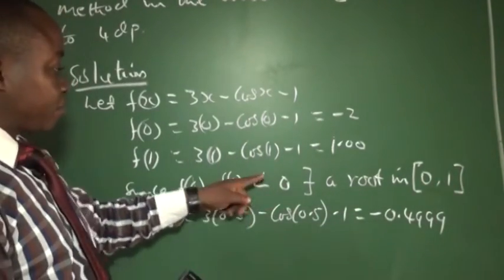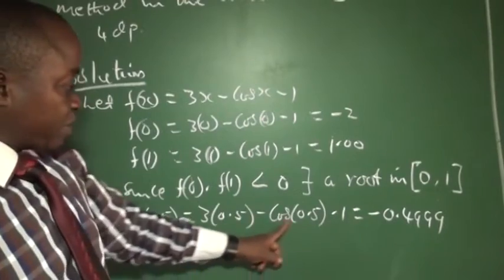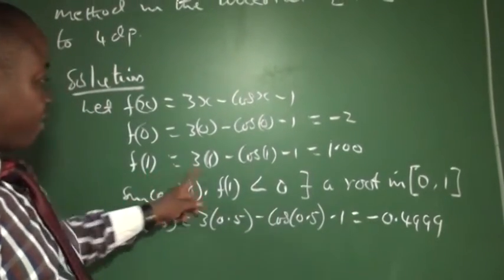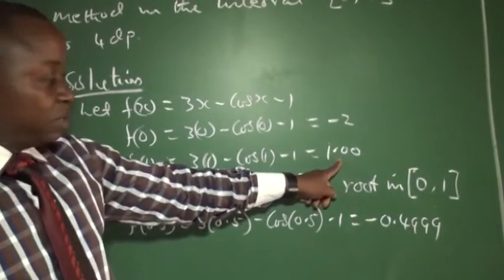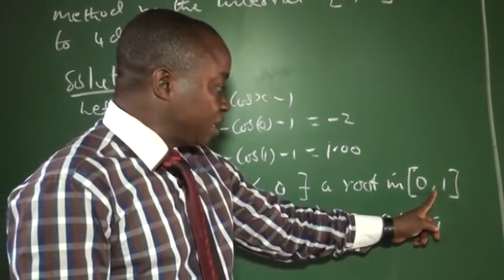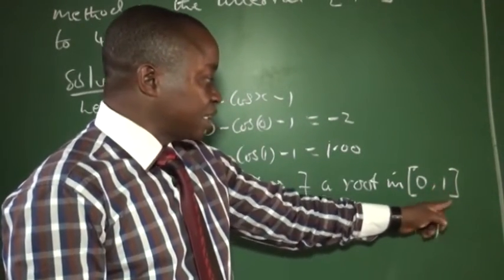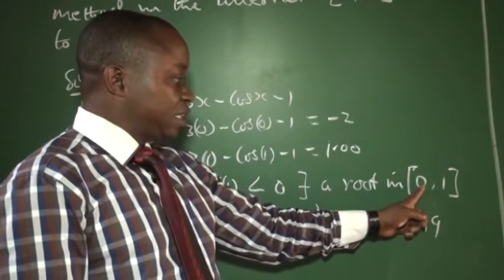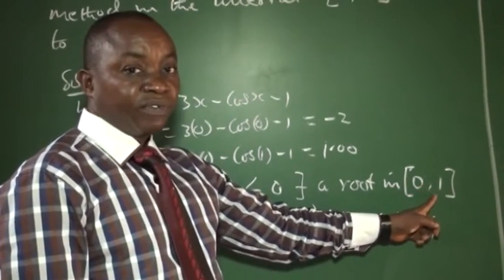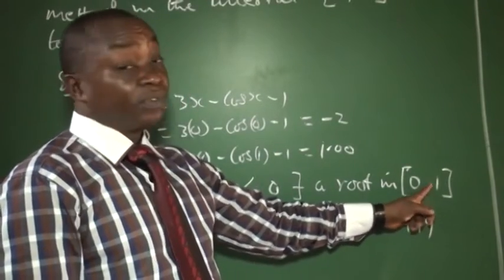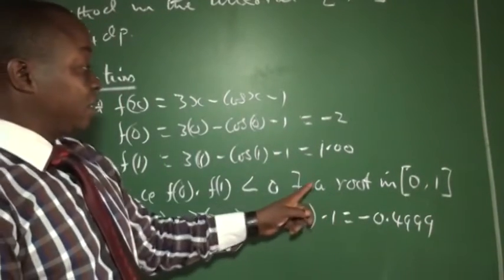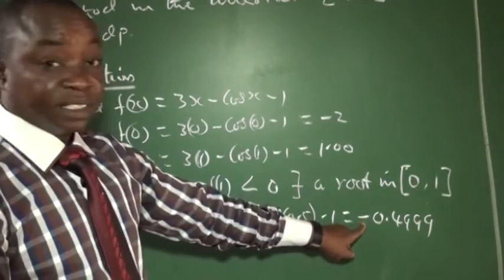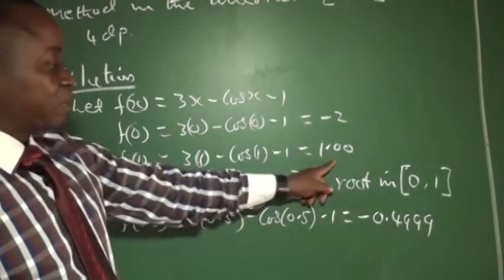That is because from 0.5, f of 0.5 gives me negative, f of 1 is positive. So meaning that from here to here, since there is opposite sign, the root is this way, and not here. There is no root from 0 to 0.5. But there is a root from 0.5 to 1, because f of 0.5 is negative, f of 1 is positive.